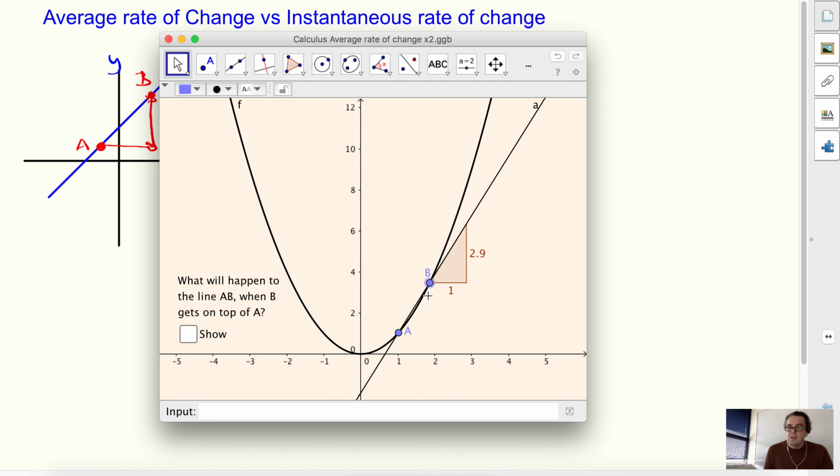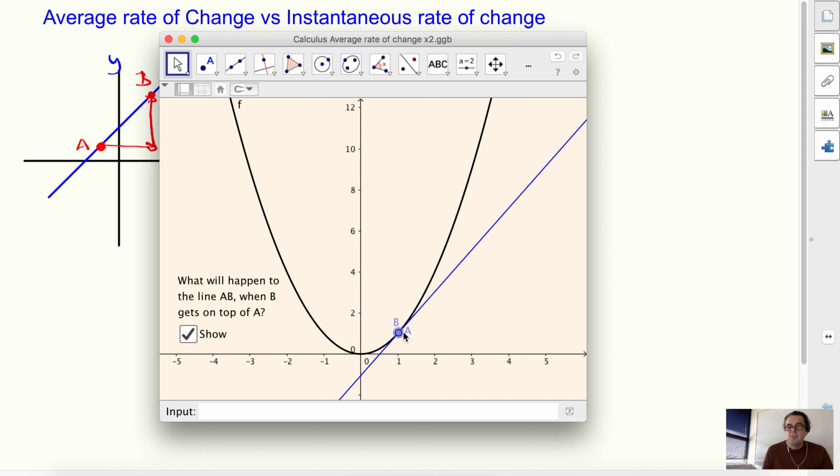So the trick is to take the limit. B approaches A, and we take the limit of that situation. So B actually never really gets there, but it gets really close. Like that. What is the limit situation? If B comes from the top or B comes from the bottom, but never really gets there. The limit situation is where B is actually on top of A, and what happens there is that you get the tangent to the curve.